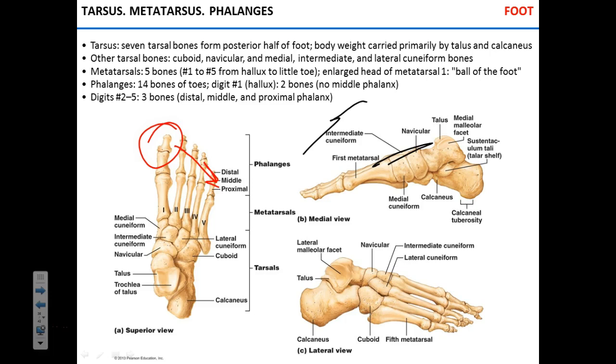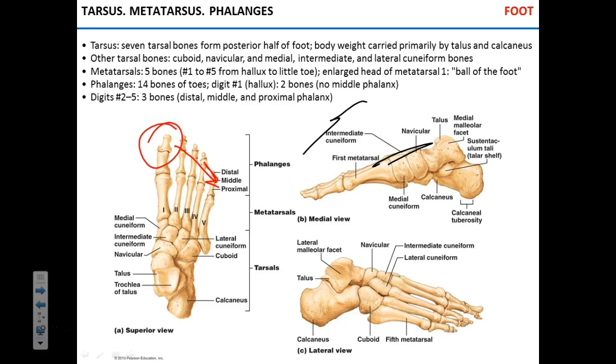Big toe has 2, proximal and distal. Any other toe has 3. Does that make sense? Proximal, little tiny medial, and the distal phalanx. Does that make sense?